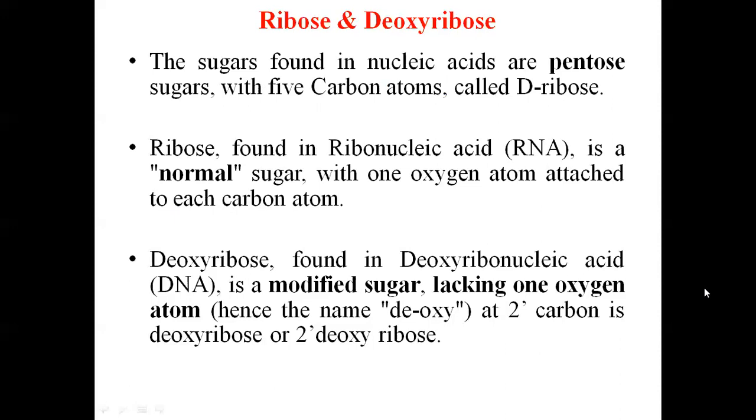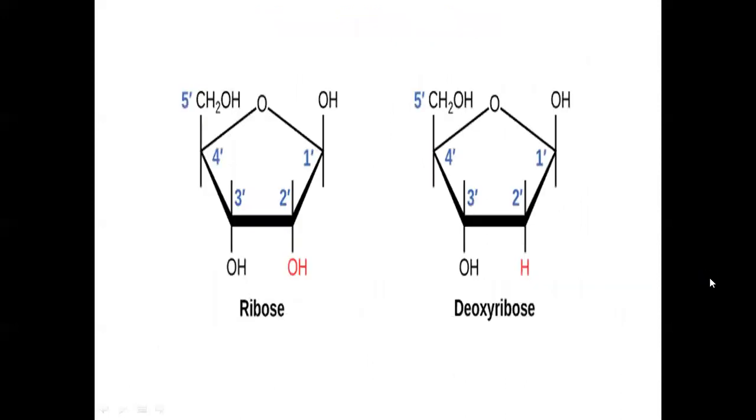So what is the sugar in deoxyribose? It is a pentose sugar, ribose without oxidation. It's D-ribose without oxidation at its second carbon. So we are calling that sugar deoxyribose or 2'-deoxyribose. Just see the structure here.